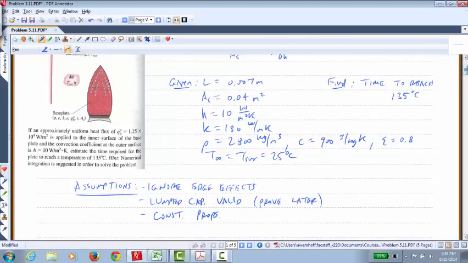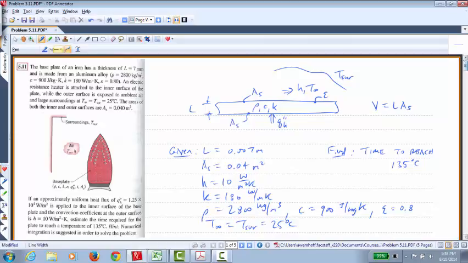So, with this in mind, we'll go back to our diagram here, and we'll first draw a control volume around our plate. We know we have the heat coming in from the heater, and coming out we have convection plus radiation.